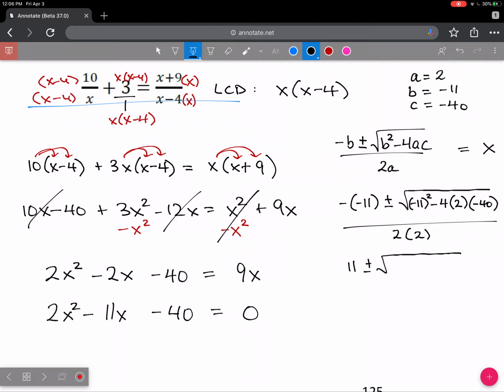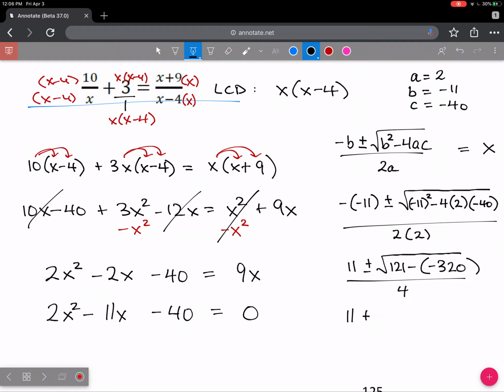We'll have 11 squared is 121. And then a negative 4 times 2, or I'll just leave the minus sign, and I'll just multiply 4 times 2 times minus 40. So positive 4 times positive 2 times minus 40 is negative 320 all over 4.